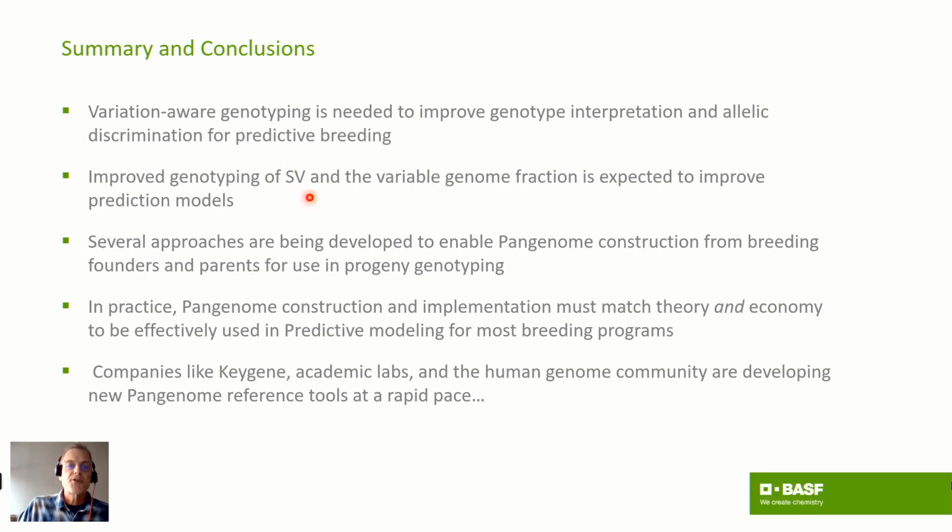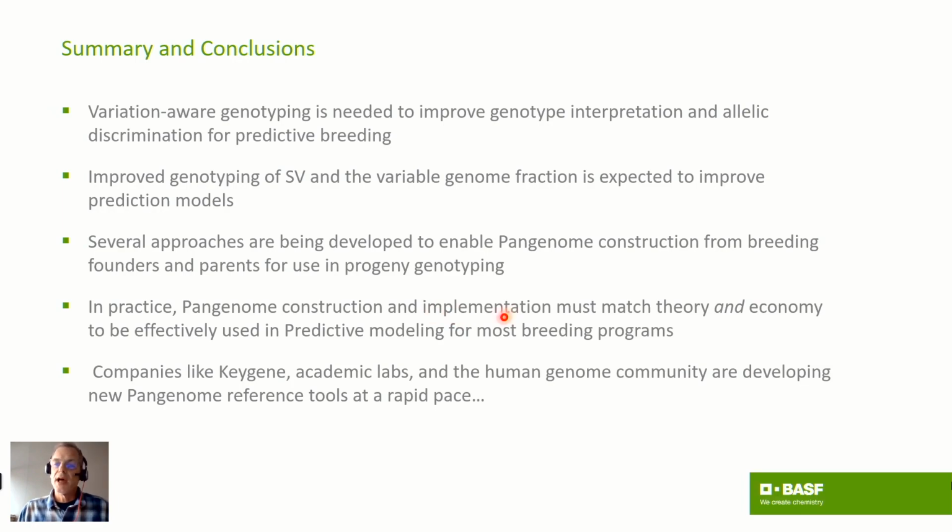Improved genotyping of structural variants and the variable genome fraction will improve our prediction models and our predictions. Several approaches are being developed to enable pangenomes, and there's not one unifying method at the moment.